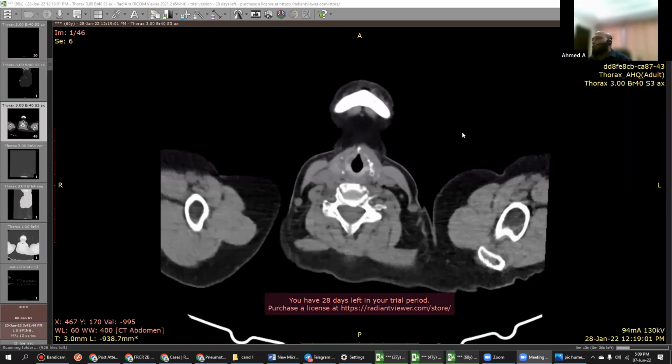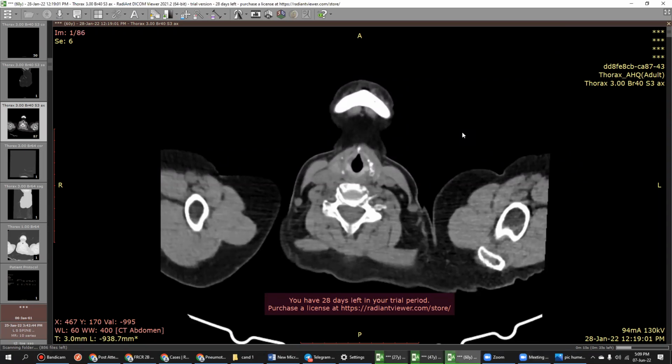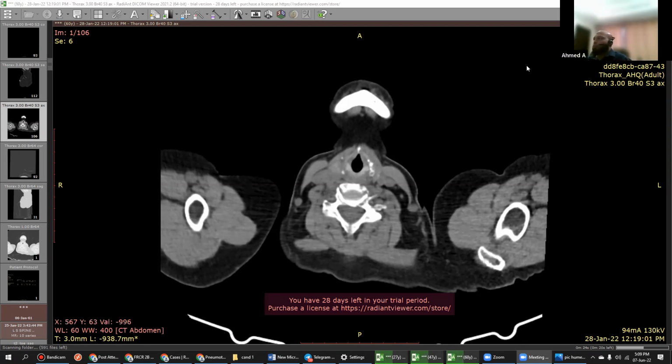Okay, you can see the CT thorax now. Yes. Okay, you can continue. You want to control it? I think remote control, auto accept all requests. Yes, now you can accept it.